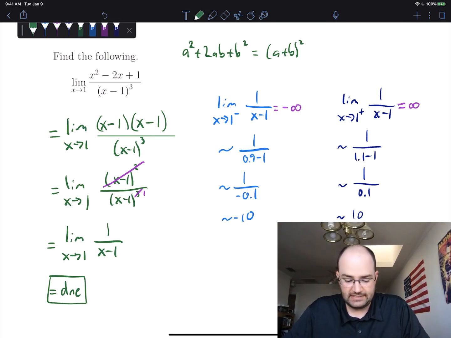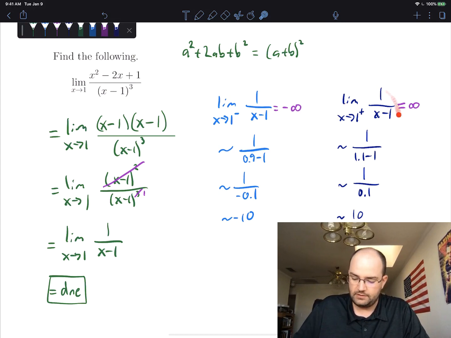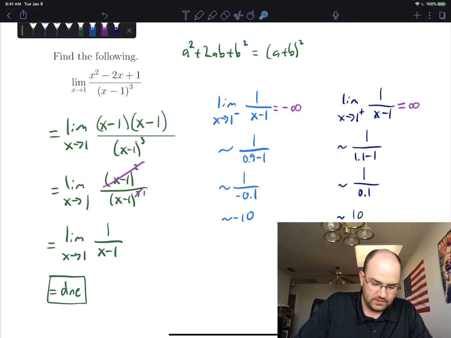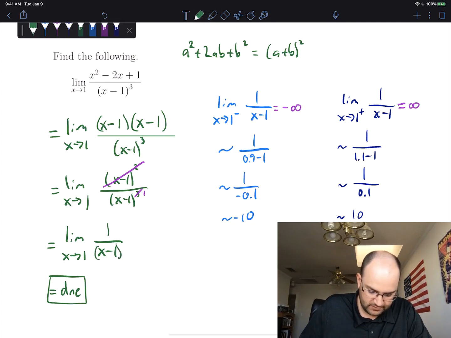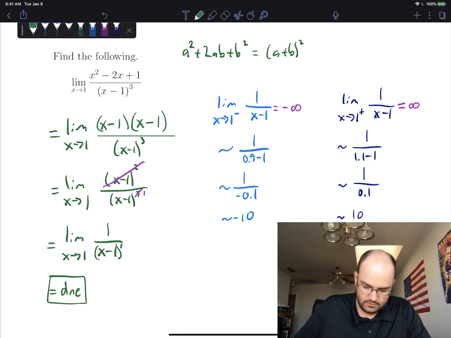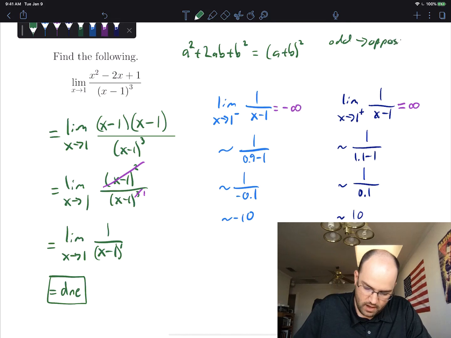And that really is it for this. But here's the thing, we didn't actually need to go through all of this over here because of one thing. If you look at the exponent here, the exponent in the denominator on this one is 1. Odd means opposite. Even means same.